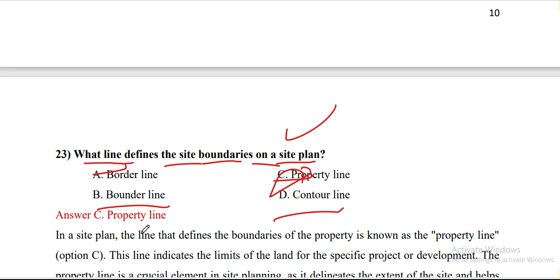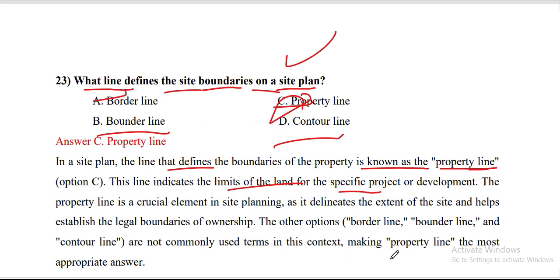In a site plan, the line that defines the boundaries of property is known as the property line. Option C is the best answer, indicating the limits of the land for a specific project or development.